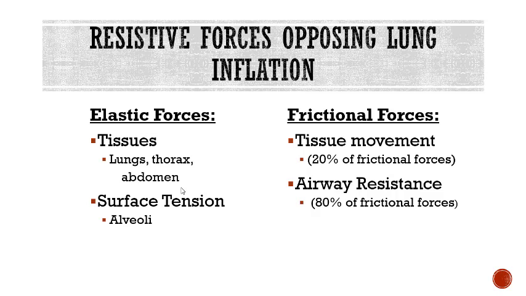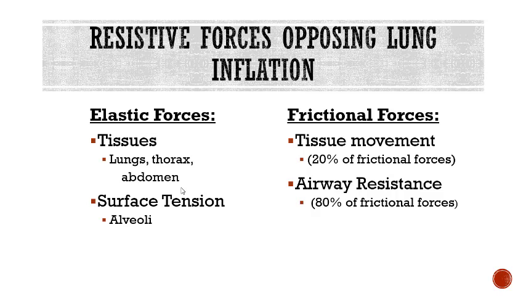Your thorax and abdomen are also considered elastic forces. That happens in a couple ways. The tissues, as they're getting stretched out, have a certain level of resistance or recoil. The other thing that also contributes to recoil is just weight.